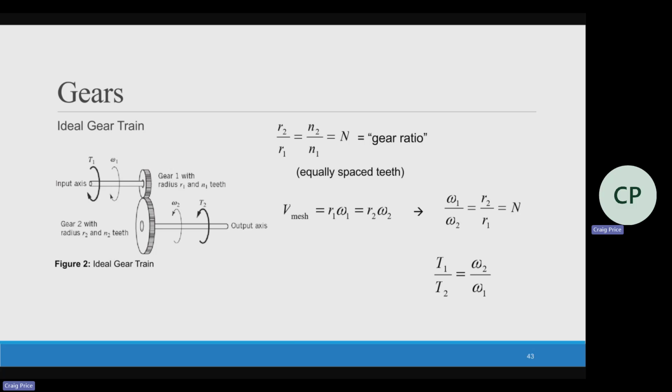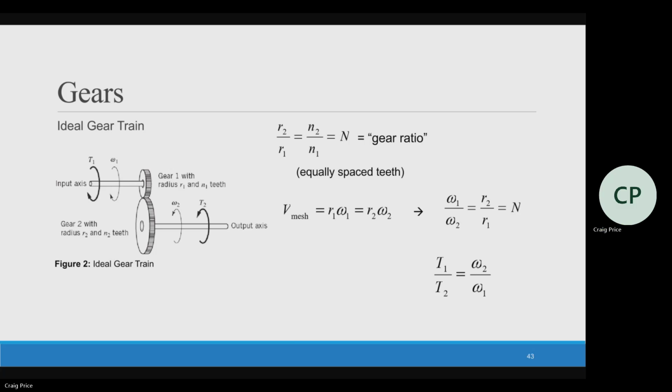The gear ratio is shown by capital N. You can either count the teeth, so the ratio of the second one with respect to the first one, or the ratio of the radius, diameter, all of those kind of things work. But for the gear ratio, it's always driven over driver. So R2 over R1, or the number of teeth, N2 over N1.